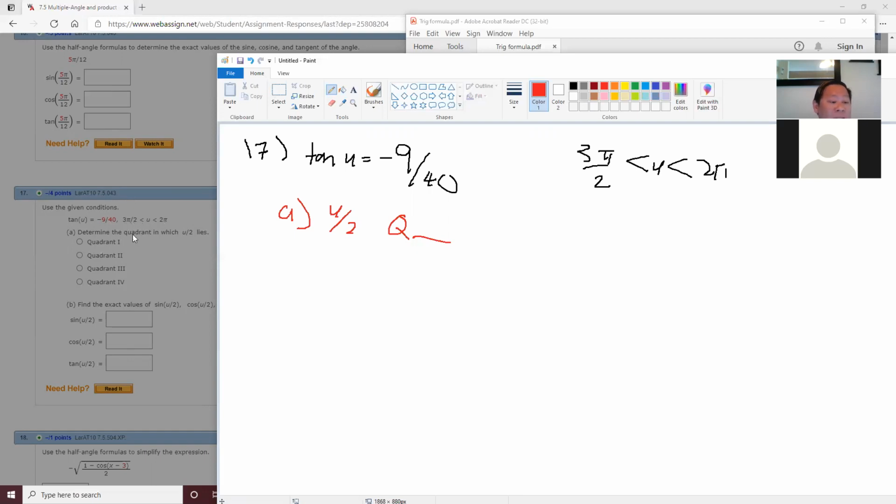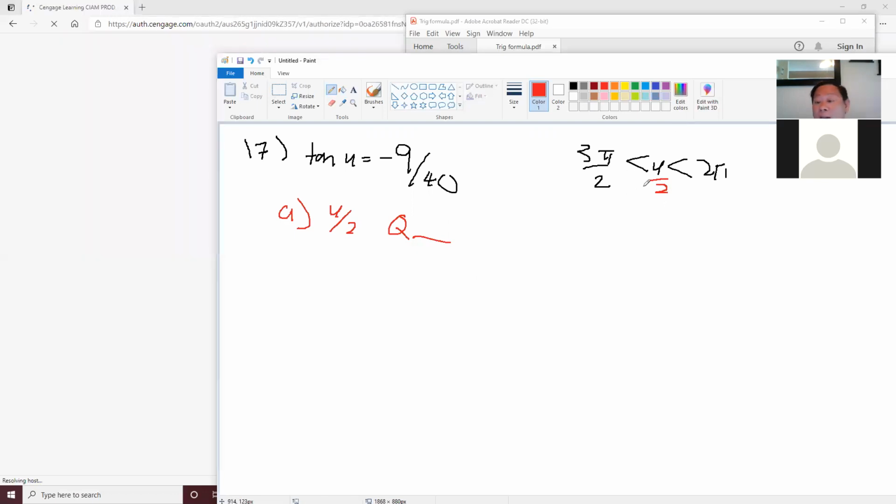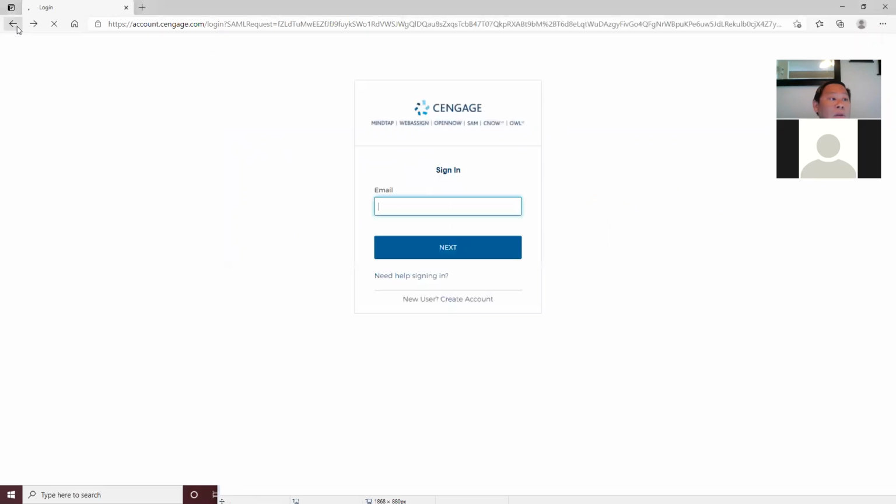Question A is asking what quadrant u over 2 lies in? Is that 1, 2, 3? I'm not sure on this one. So since this is u, and we want u over 2, what I do here is just divide this by 2. And if I divide this by 2, then everything here has to be divided by 2.